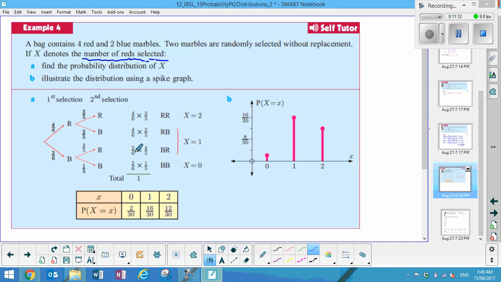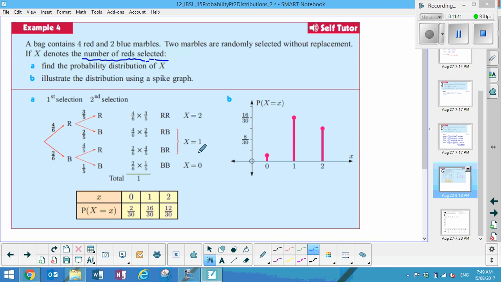So now, if we want to do our distribution, here we've got our variable is red selected. So in other words, if we get 2 reds, that means x is equal to 2. Here we have 1 red, so x is equal to 1. No reds, x is equal to 0. So our probability here is going to be 2 out of 30 from multiplying those.